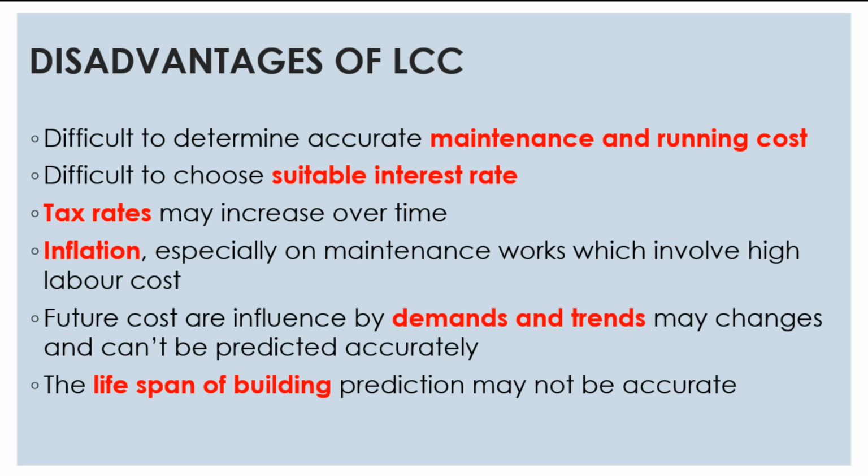Nobody expected this pandemic to happen in Malaysia. So when the interest rate is less than or more than what we projected, the cost that you have calculated will not be accurate anymore.